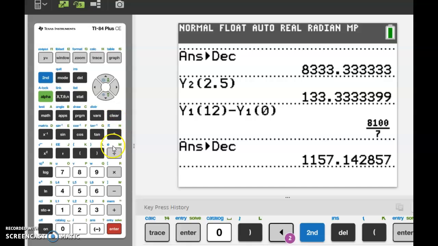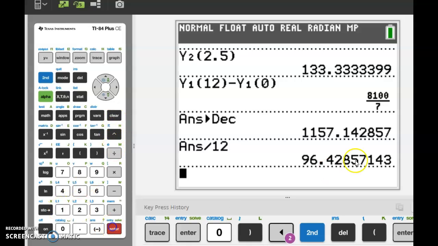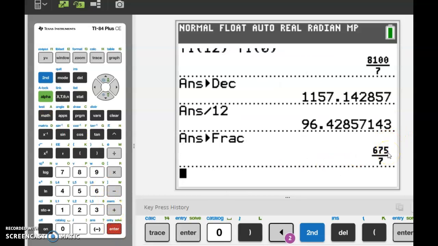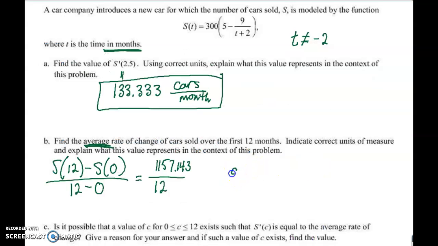But I think if you just hit divide by 12, you could leave it like that, or you could go back to your fraction. It wouldn't be that bad. I'm going to leave it as my decimal, 96.429. Cars per month still.